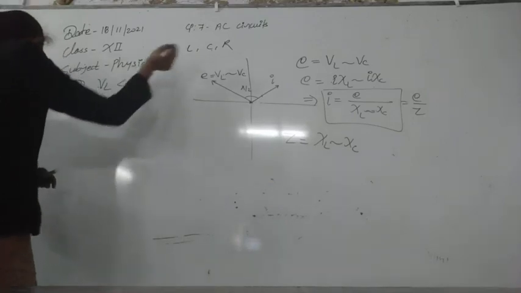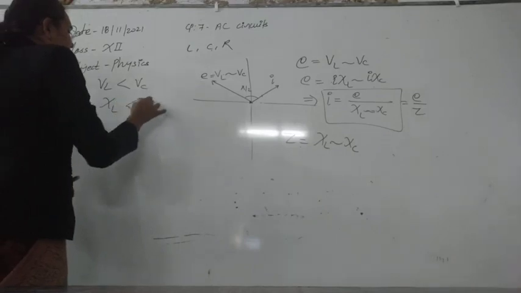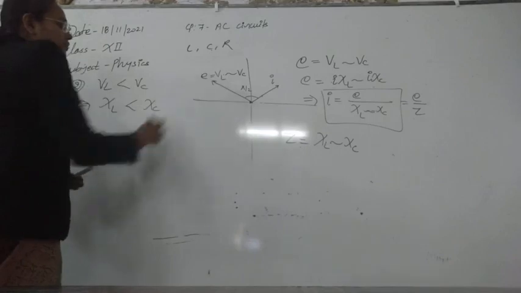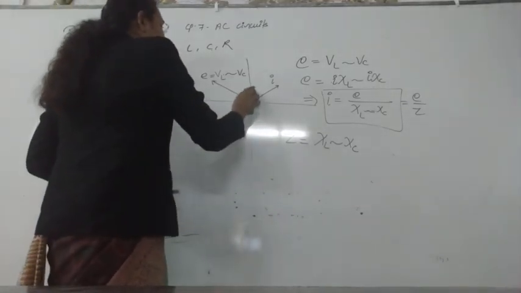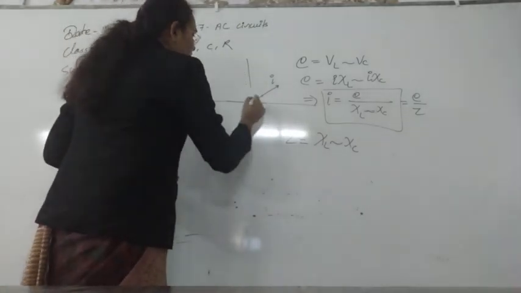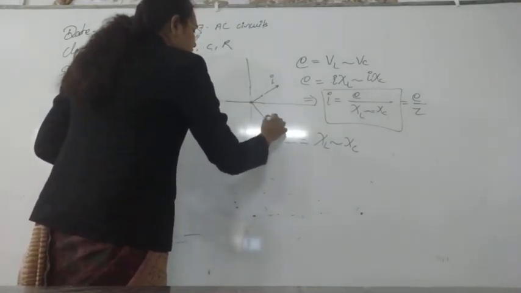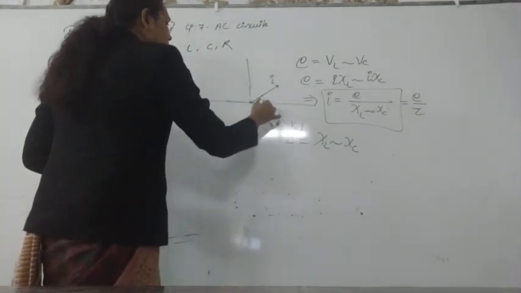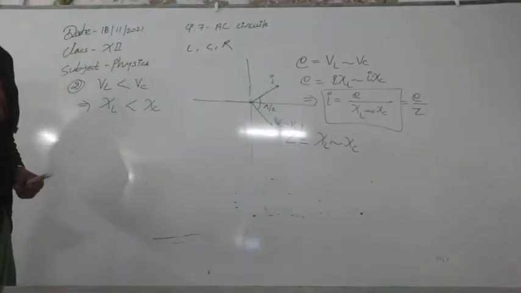So if VL is less than VC, then we can conclude chi L will be less than chi C. If we look at this phasor diagram again, the resultant will be along chi C. As chi C was in this direction, the resultant will be VC minus VL, and you can see the resultant is lagging behind the current.